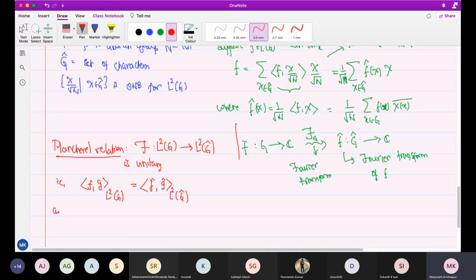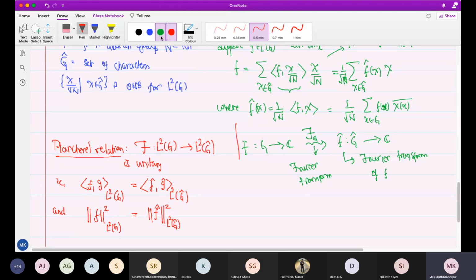In particular, the norm square of a function on the group is the same as the f hat norm square on G hat.